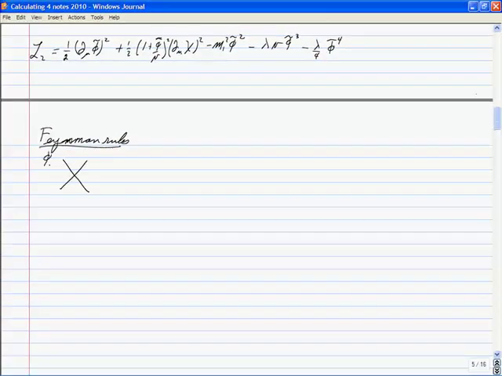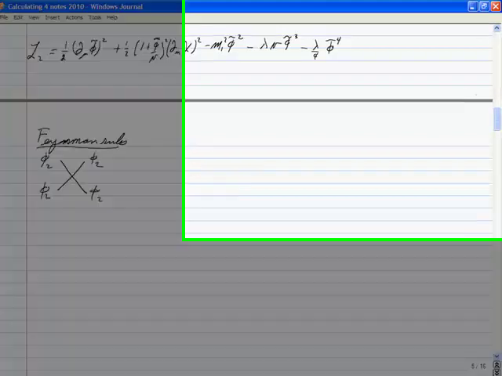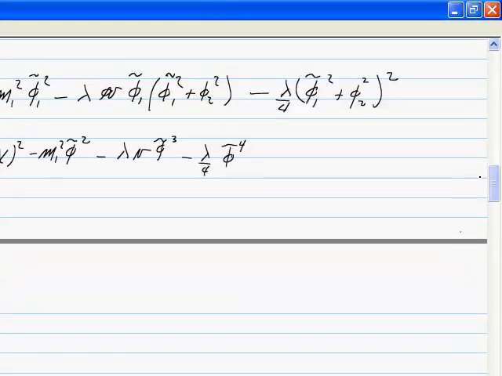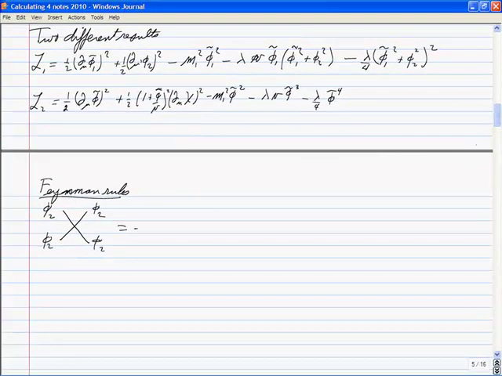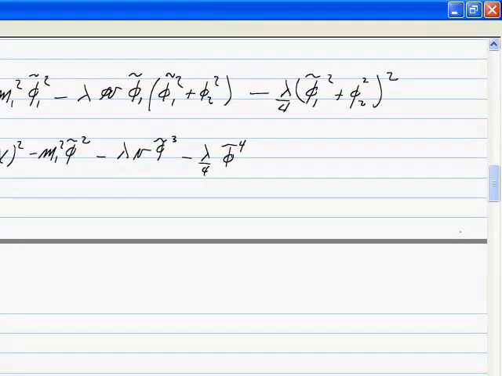I can write out an interaction with phi 2, phi 2, phi 2, phi 2. That's just the lambda over 4 phi 2 to the 4th, so that's just minus 6i lambda. And there's also an interaction that is relevant for what we're doing: phi 2, phi 2, phi 1. I read that out of here.